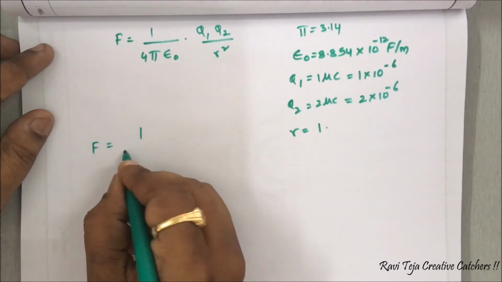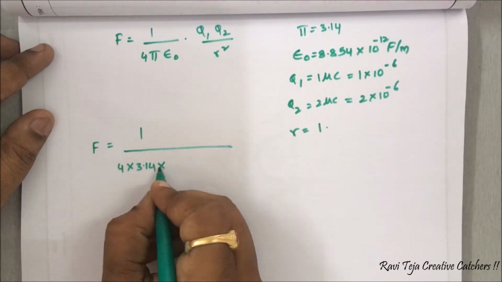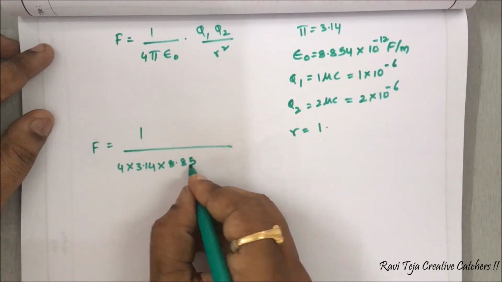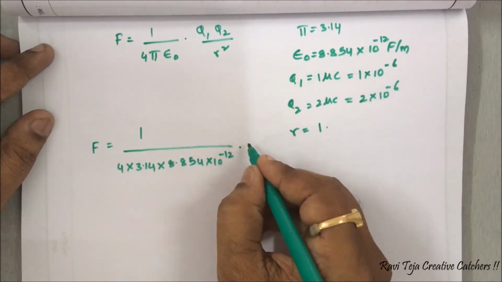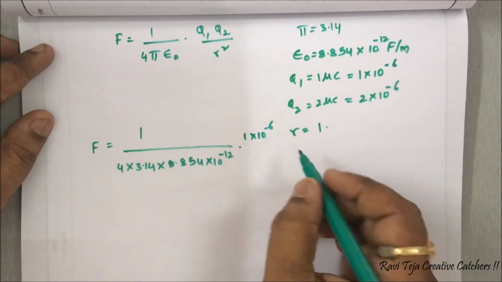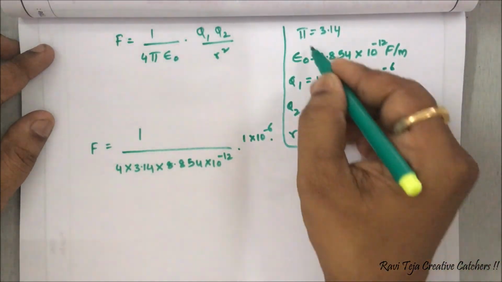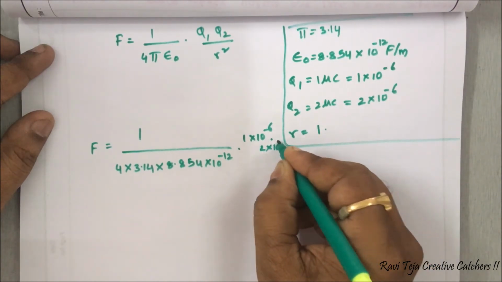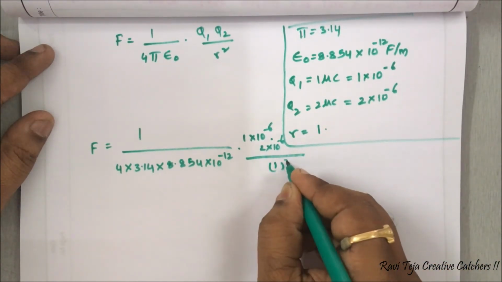Now substitute all these values in this form. F is equal to 1 by 4 into 3.14 into epsilon naught, which is 8.854 into 10 power minus 12, into 1 into 10 power minus 6 into 2 into 10 power minus 6, divided by R square, where R square is 1 square.